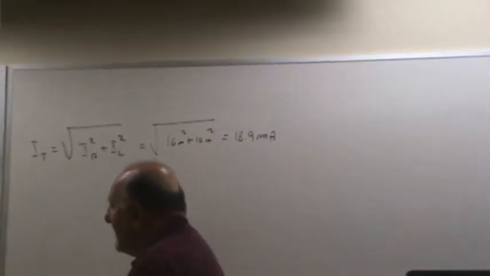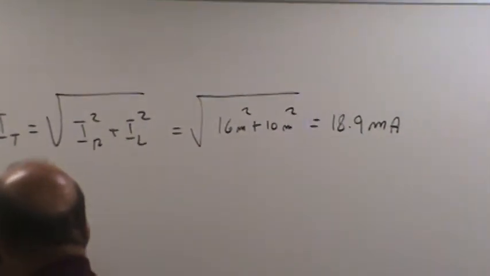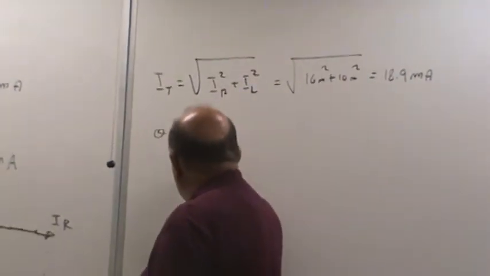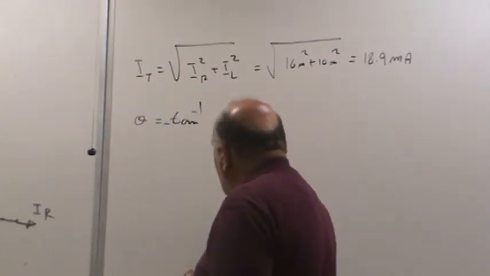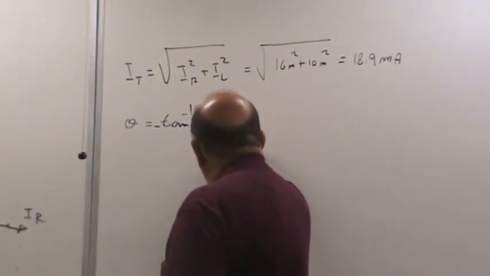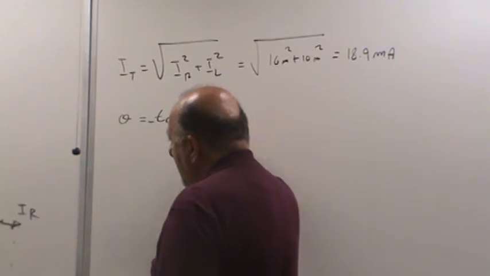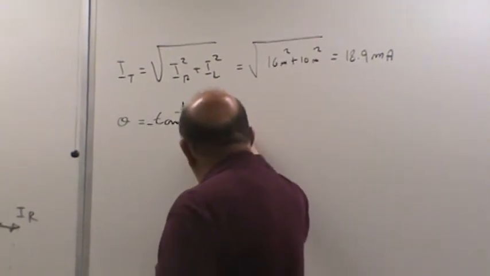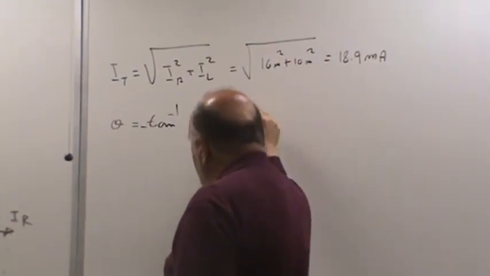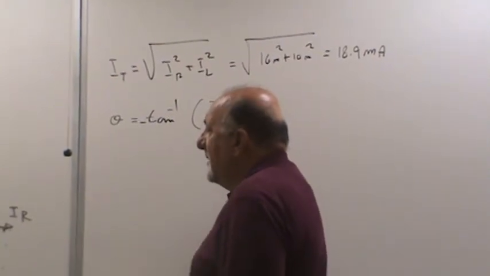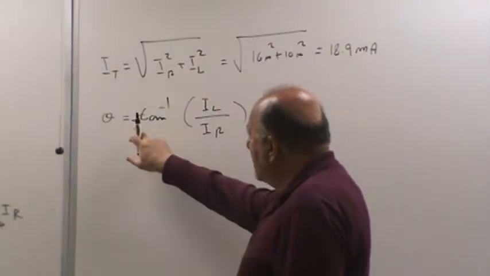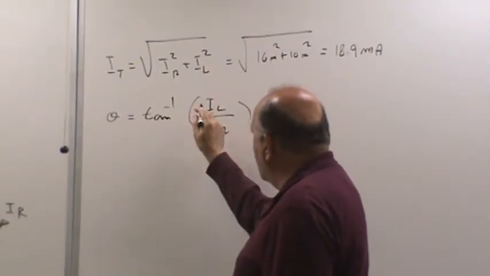I can also find theta here. Theta is going to be the arctangent, and obviously it's going to be negative, because you see that negative. Arctangent of I sub L over I sub R, opposite over adjacent.